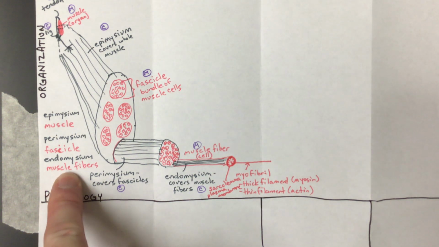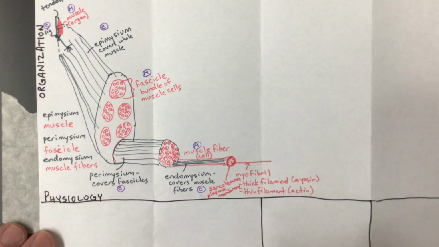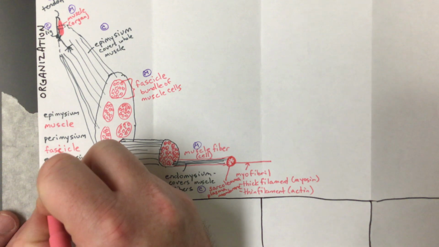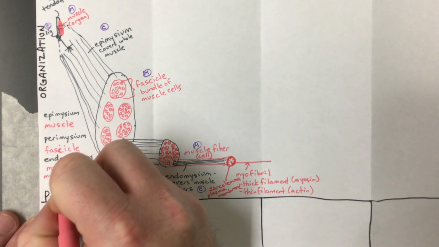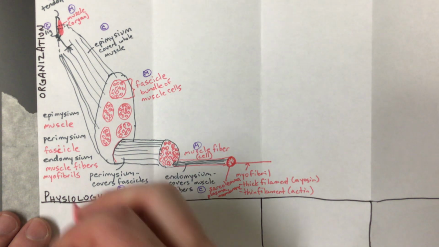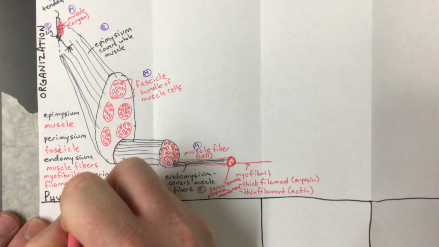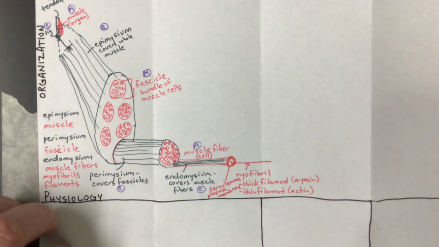So we could add this organization over here. In our muscle fibers, we've got these myofibrils, and then the myofibrils themselves are made up of filaments called thick and thin filaments.